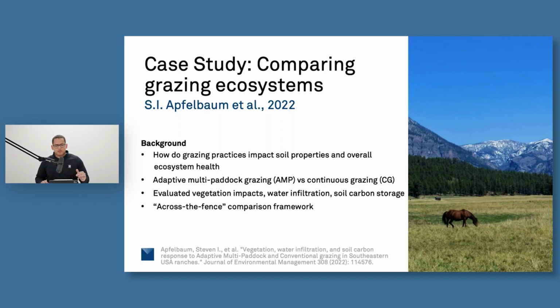The study aims to examine the effects of AMP and continuous grazing management on things like plant species richness, diversity, dominance, and cover, vegetation stands and crop biomass, water infiltration, soil carbon levels, the amount of bare ground, fine litter cover, and nutrient cycling across these different areas. And their study utilized what they called an across-the-fence comparison framework.